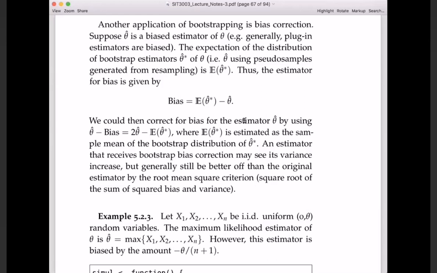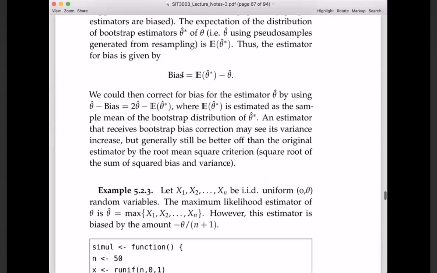But these kinds of plug-in estimators are known to be biased. If you do the theory, you'll find it's almost guaranteed that they will have some bias. So in bootstrapping, you could estimate the bias and then correct it by subtraction from the estimator.